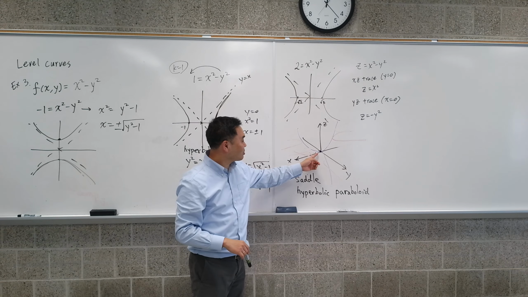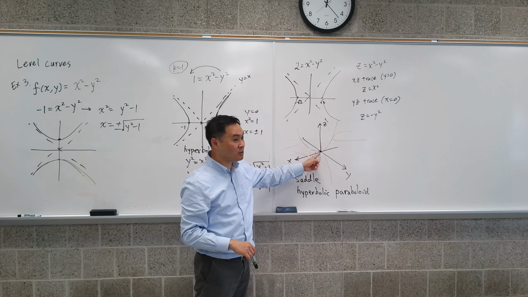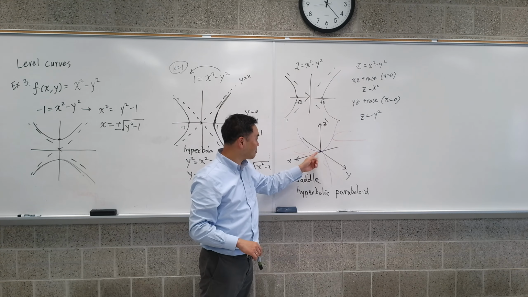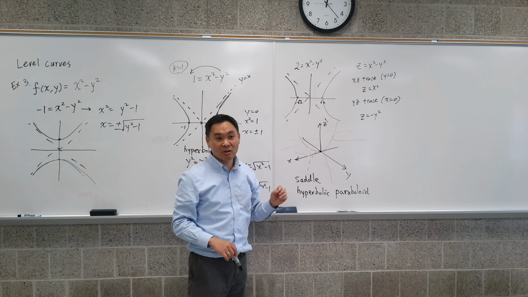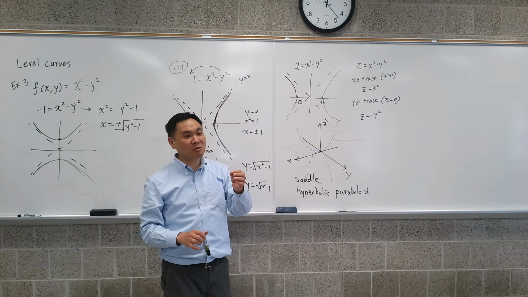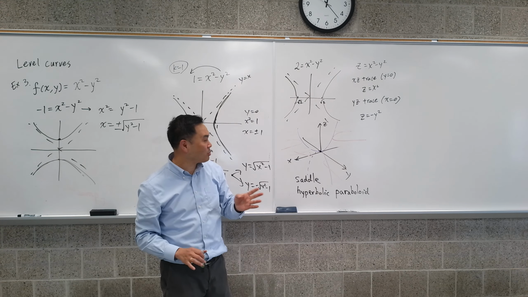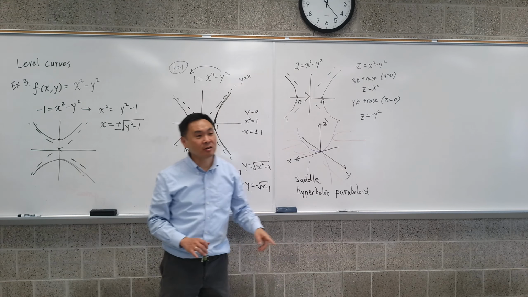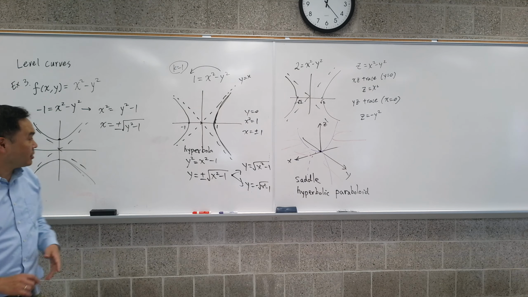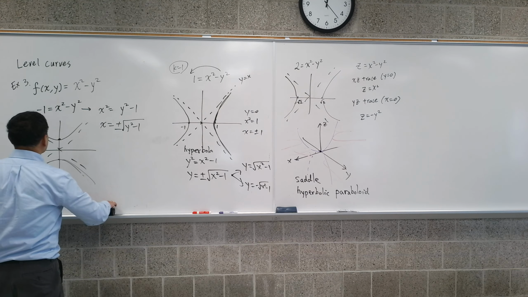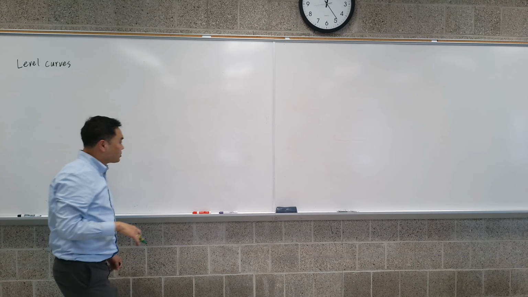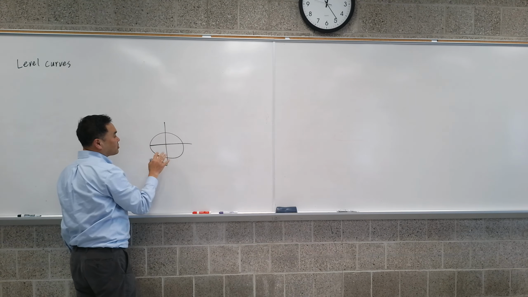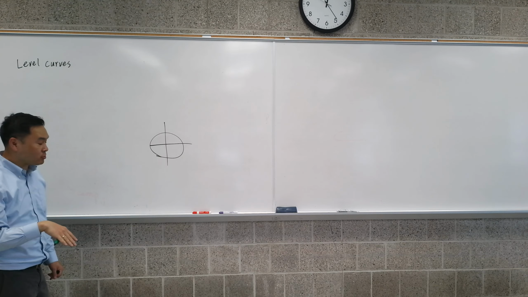But this is somewhat special because it's neither a maximum nor a minimum. If you go this way, it's a minimum, but if you go this way, it's a maximum. So it's a maximum in one direction but a minimum in the other direction, and such a point is called a saddle point. Okay, so that's going to come later. Just like how in 2D, curves like this are not a graph of a function.